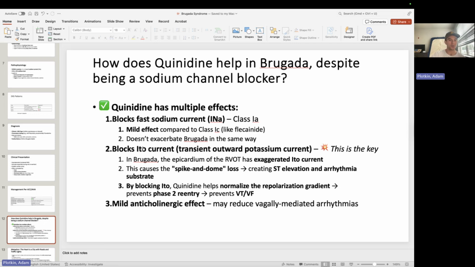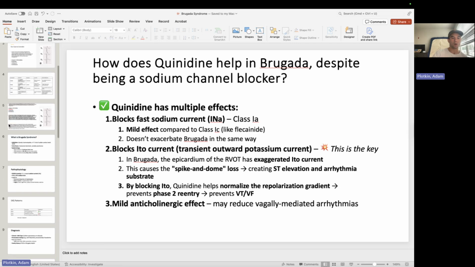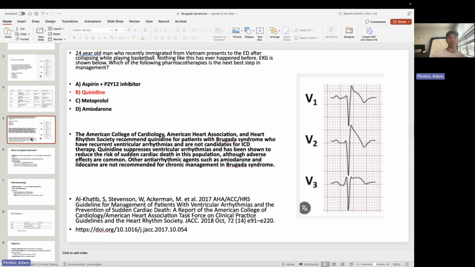It blocks what's called the Ito current, which is a transient outward potassium current. And this is really the key. In Brugada, it's the epicardium of the right ventricular outflow tract that has this exaggerated Ito current. When we have this exaggerated Ito current, we flood out too much potassium and we get more of an early repolarization.